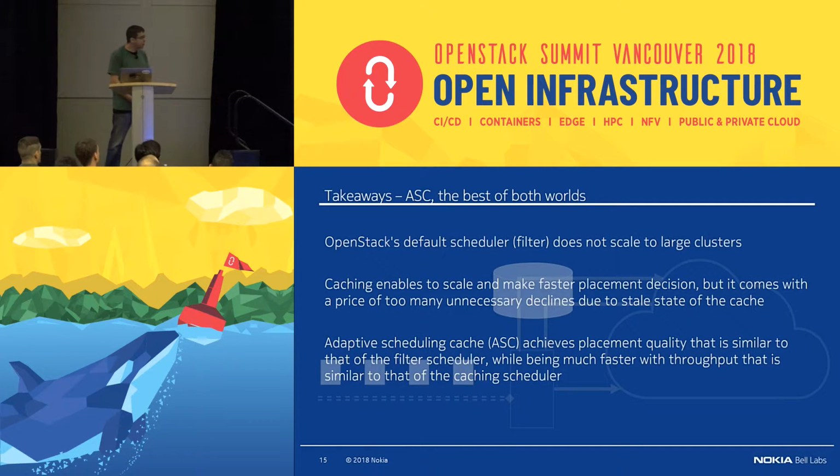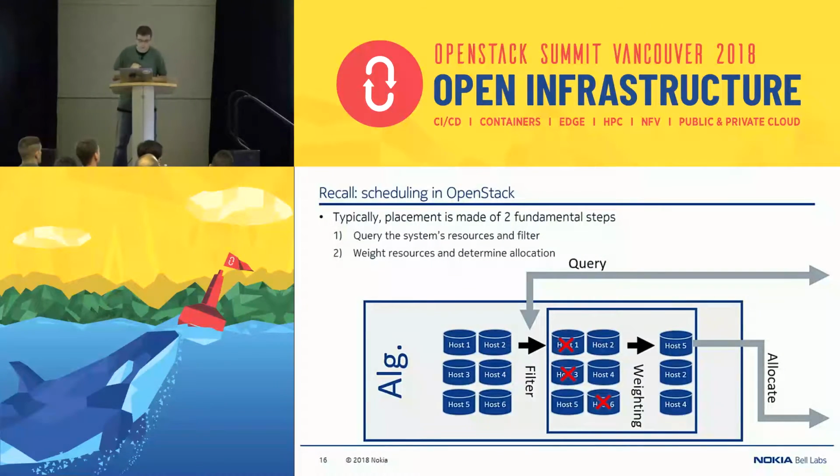Adaptive scheduling cache, the simple algorithm that I've just shown you, achieves placement quality similar to that of the filter scheduler, as if we know everything, but we are not asking everything. And it is also fast, with throughput similar to that of the caching scheduler. So this is the first part of the talk.